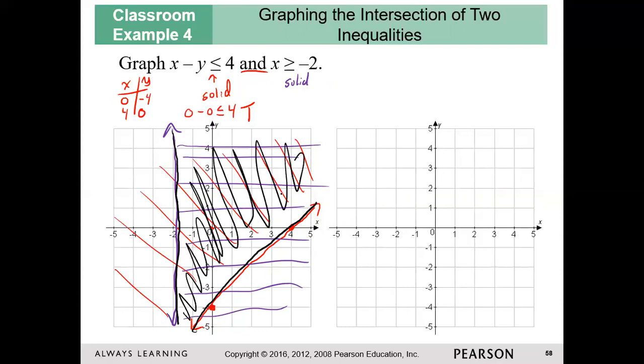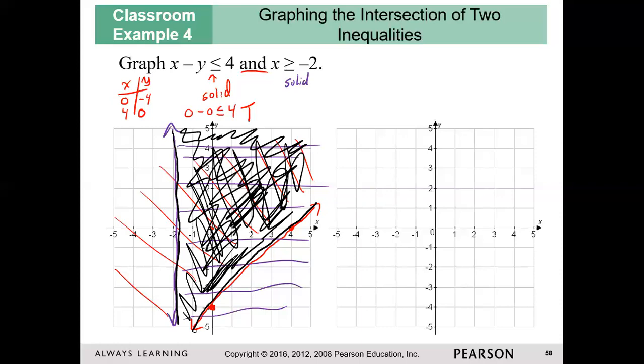So this is the shaded region of where the shaded regions overlap each other. And this is the solution set. All of these points that are within this black shaded region is the solution set, okay? So all of this stuff that's shaded over here doesn't count. All of this stuff that's shaded over here doesn't count because we only care about where the shaded regions overlap, and because this is an and problem, okay?